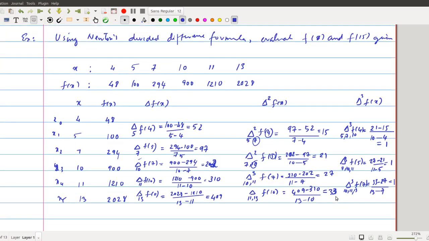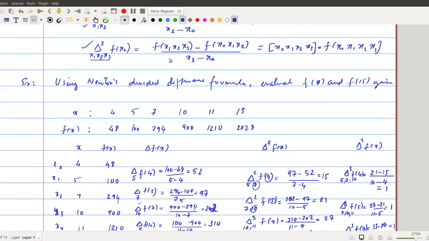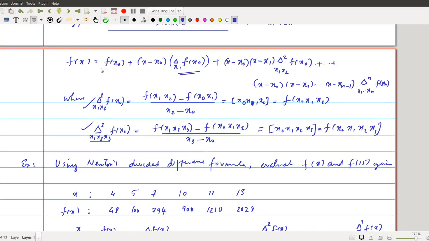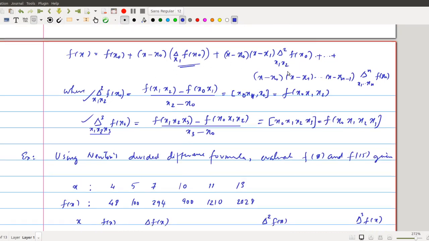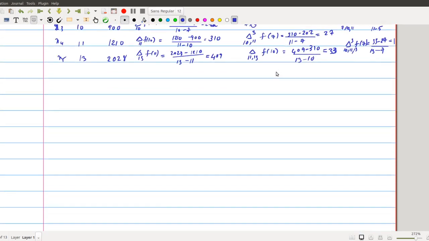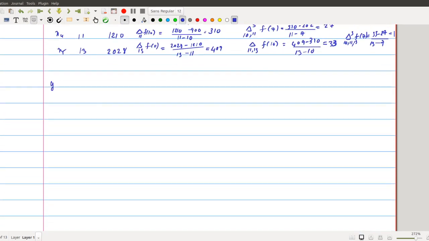So using these table values we evaluate this formula. The formula is given here: f of x equals f of x naught plus x minus x naught into this, plus etc. We need to find the value of f at x equal to 8.